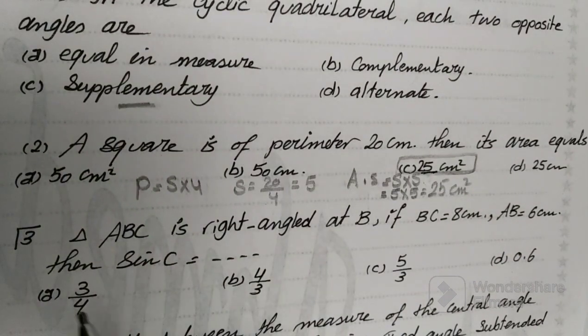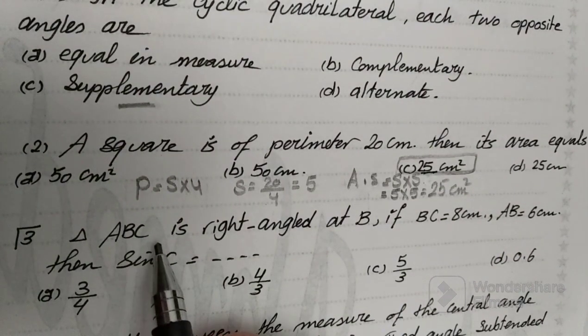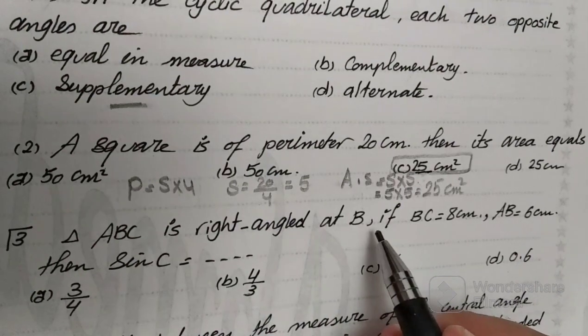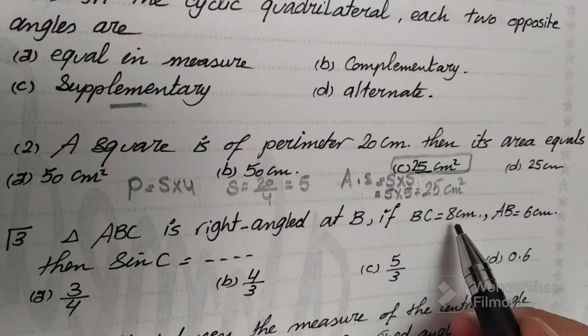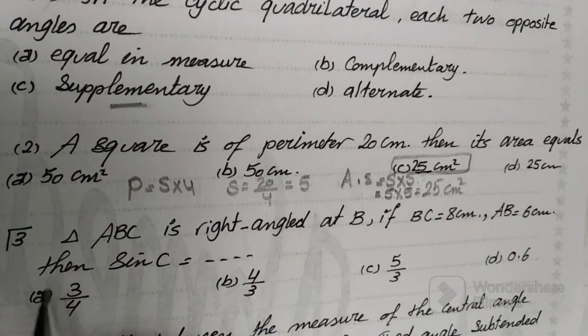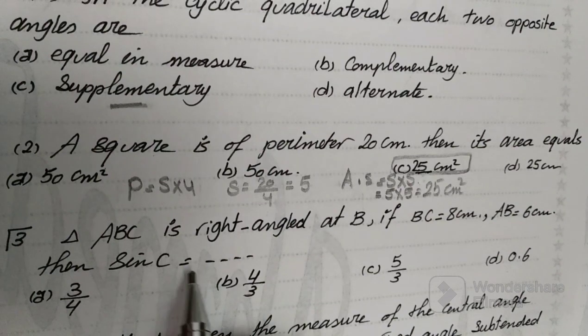Question 3. Triangle ABC is right angled at B. If BC equals 8 centimeters and AB equals 6 centimeters, then sin C equals what?